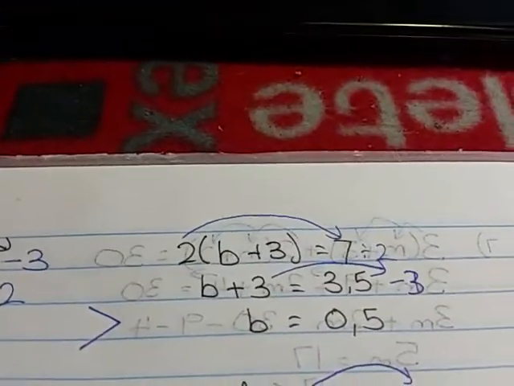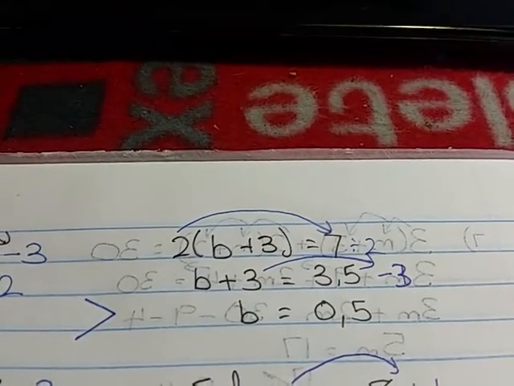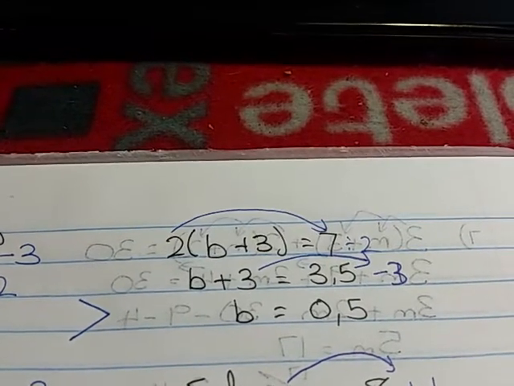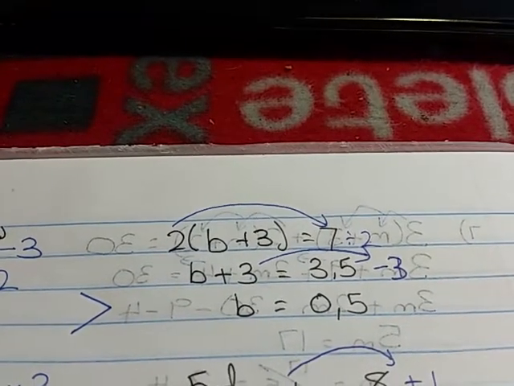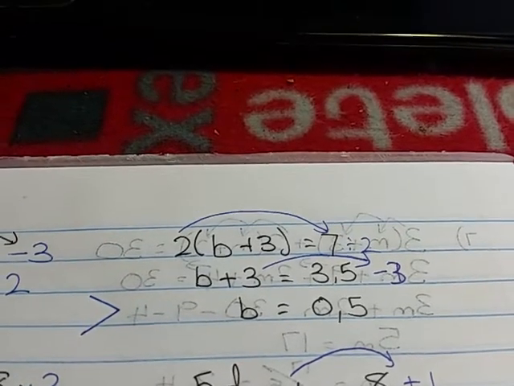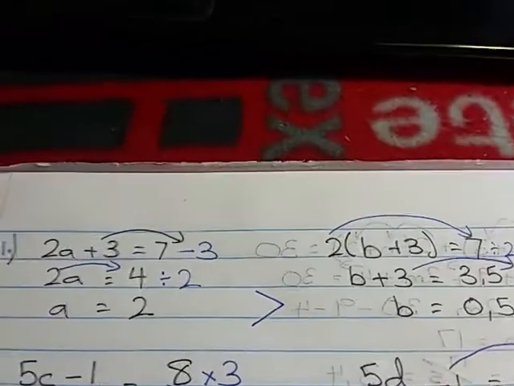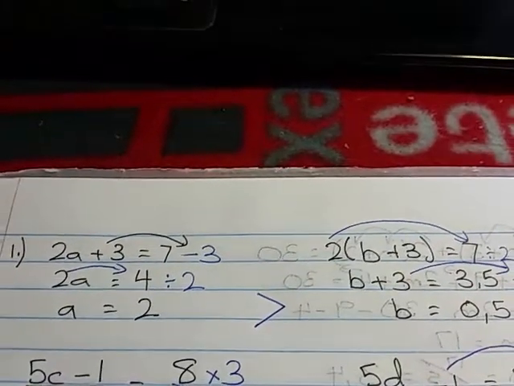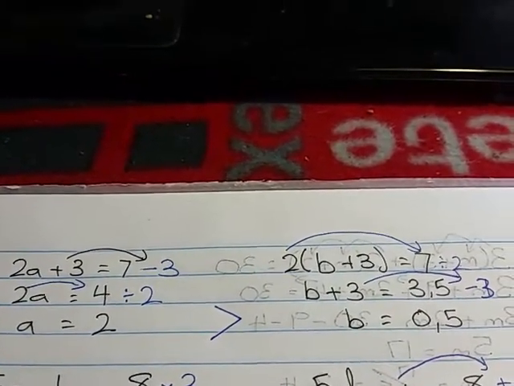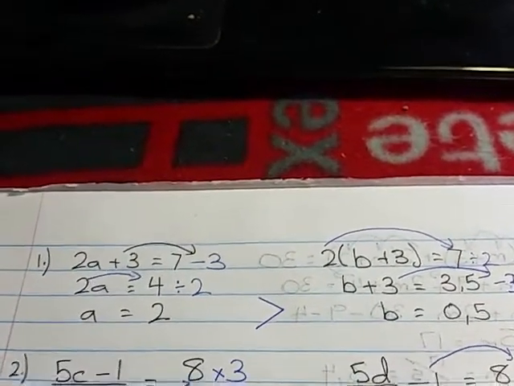And then 2 into b plus 3 equals 7. I am going to move the 2 over first, turning that into a divide by 2. So b plus 3 equals 3.5. Take the 3 over, becomes minus 3. b equals half, or 0.5. So therefore a is greater than b.